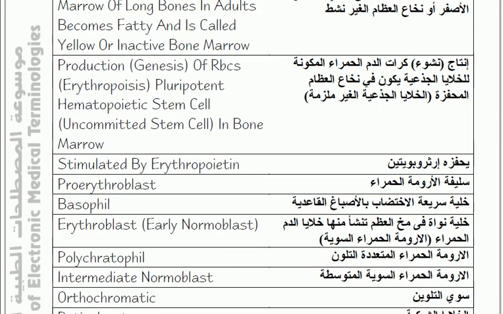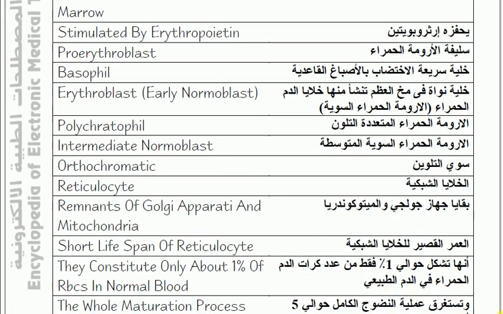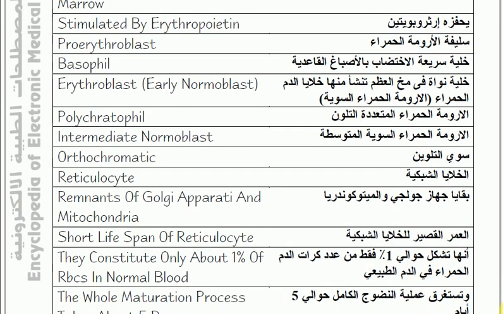Production, genesis, of RBCs, erythropoiesis: pluripotent hematopoietic stem cell, uncommitted stem cell, in bone marrow. Stimulated by erythropoietin. Proerythroblast. Basophil erythroblast, early normoblast. Polychromatophil, intermediate normoblast.